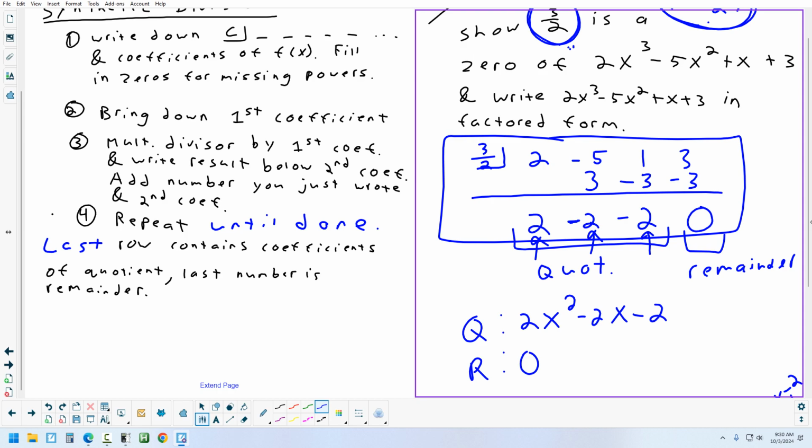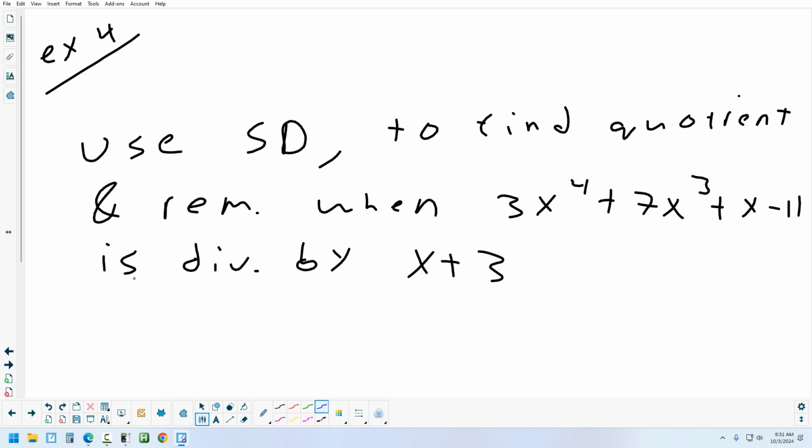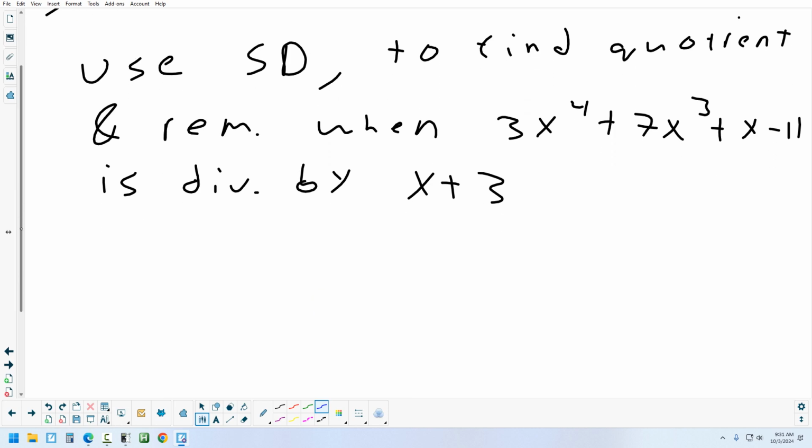All right, let's try, I think I got another one. Use synthetic division to find the quotient and remainder. Okay, so when I set this one up, what number would go on the outside?